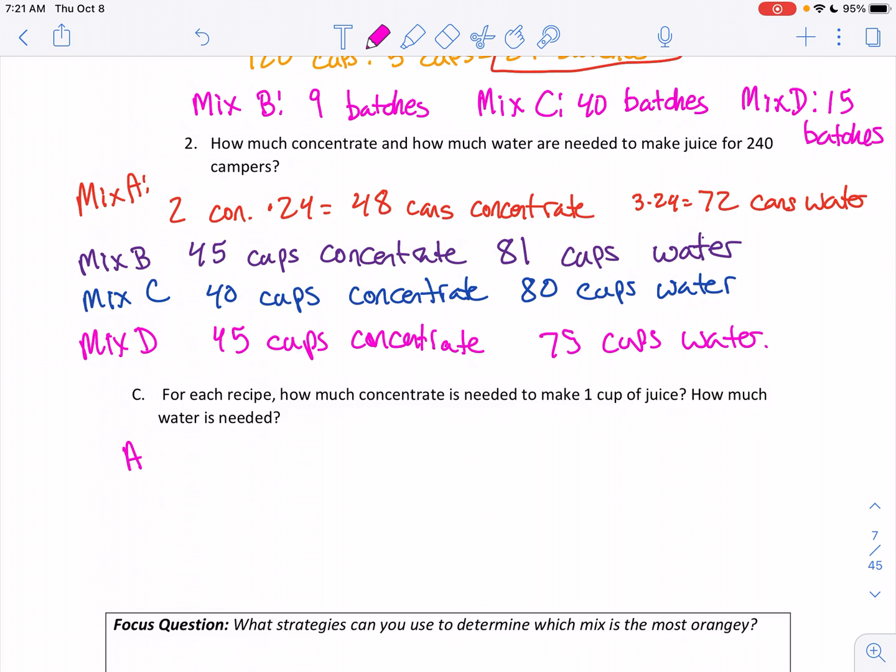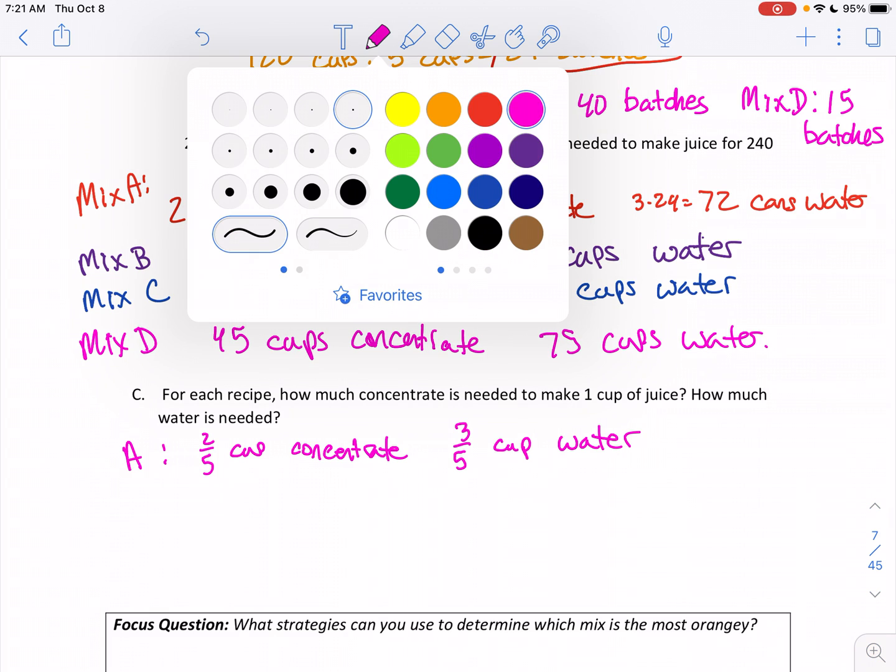So for A, you would have 2/5, sorry, I read my number wrong. 2/5 cup of concentrate, and then 3/5 cup of water, and notice how 2/5 plus 3/5 equals 1.